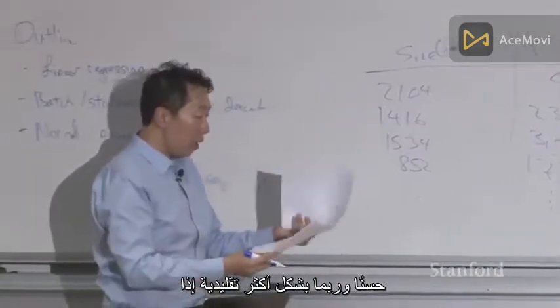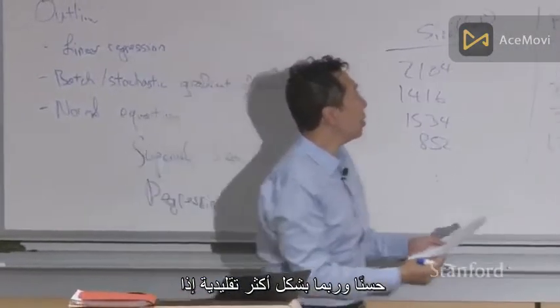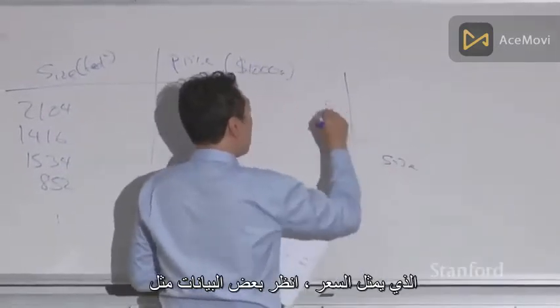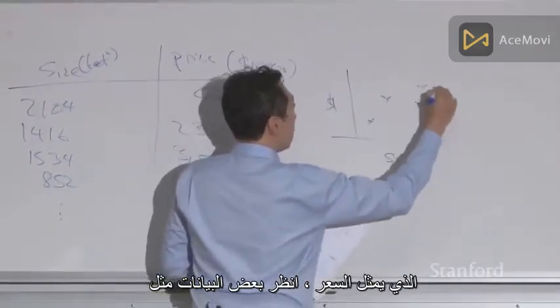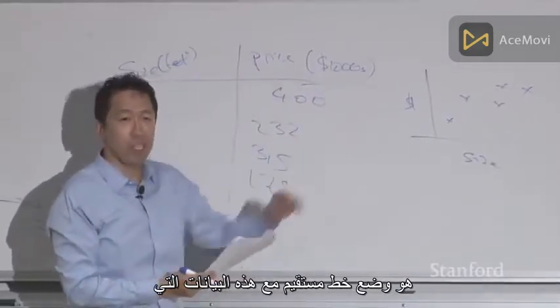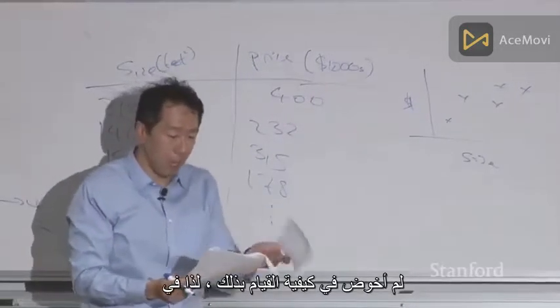And maybe more conventionally, if you plot this data, that's the size, that's the price. So you have some data set like that, and what we'll end up doing today is fit a straight line to this data, and go through how to do that.